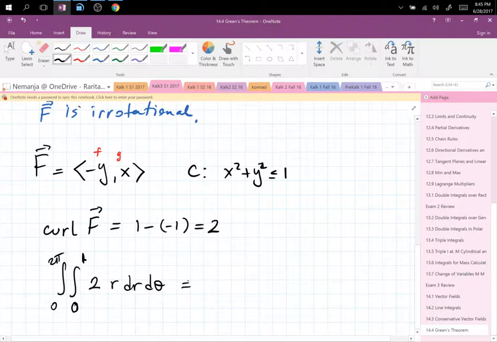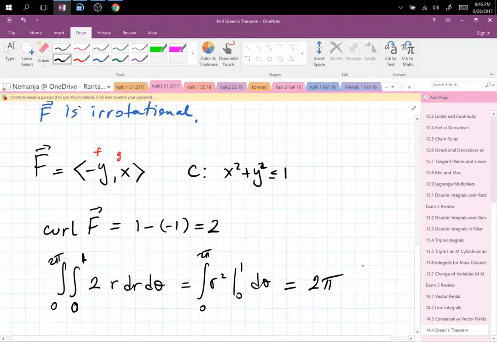So when I integrate this, I get r squared from 0 to 1 d theta. That's going to be 1 minus 0. The integral of 1 is theta. Plug in 2 pi, and there is your 2 pi.